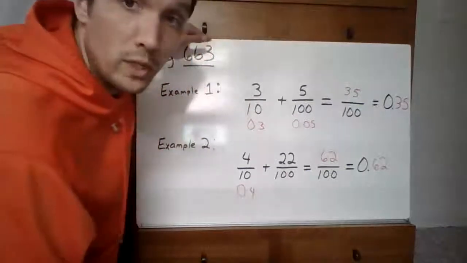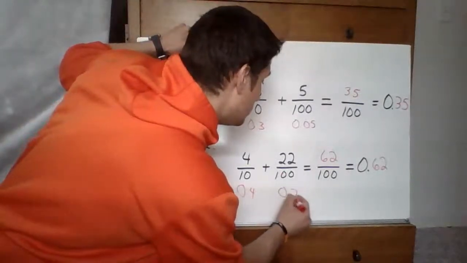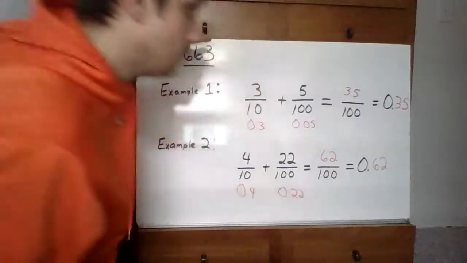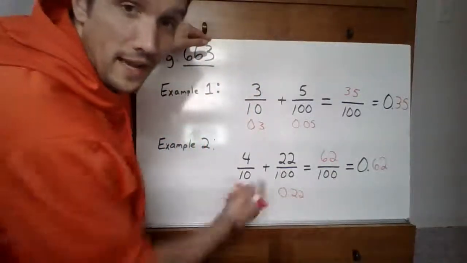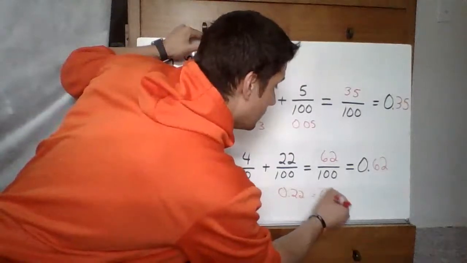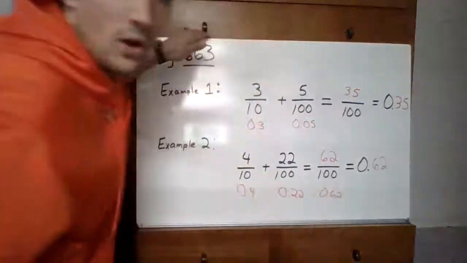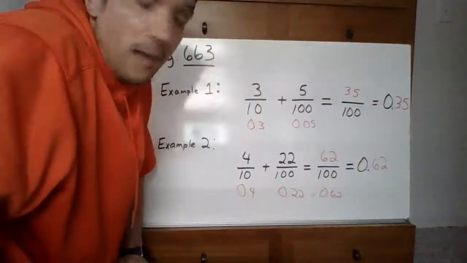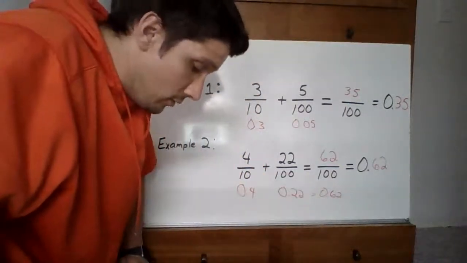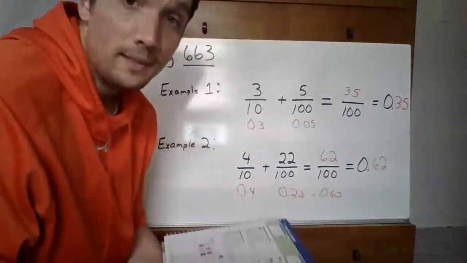Over here, 22/100ths would have been written as 0.22. Again, we could add those together and we'd still get 0.62. Alrighty, guys. So all you need to do now is page 665 in your independent practice.